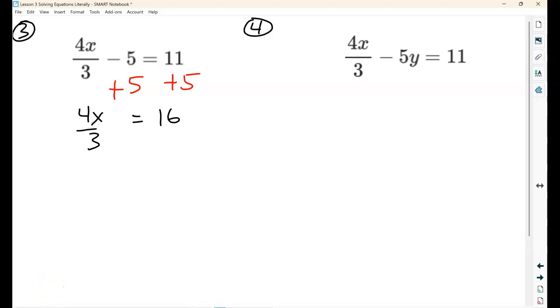Now we're going to get rid of the 5 here. We bring down the 4x over 3 equal to 16. We do the opposite of dividing by 3, which is multiplying by 3, so we multiply by 3 on both sides.